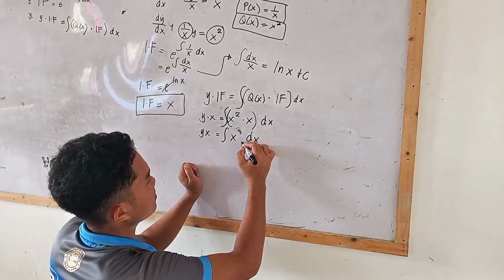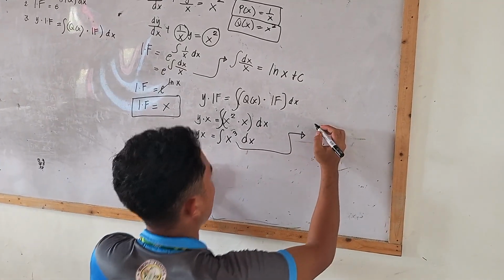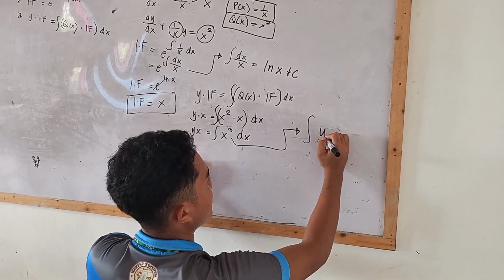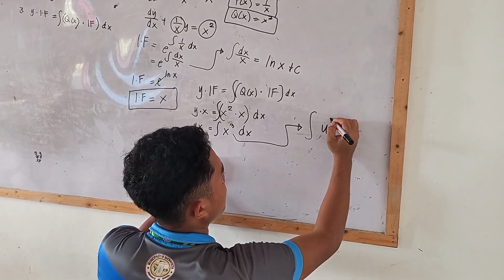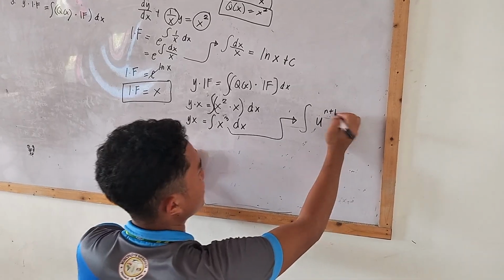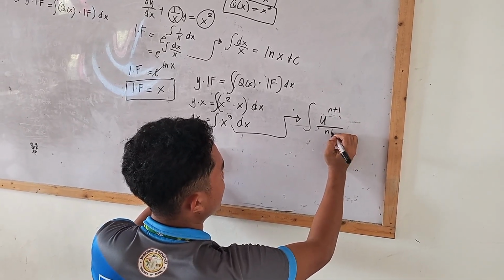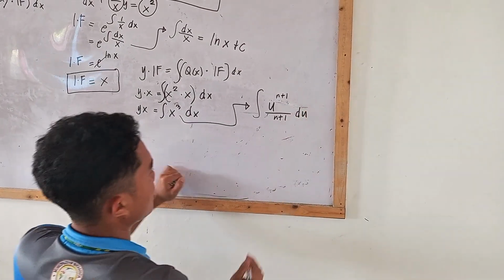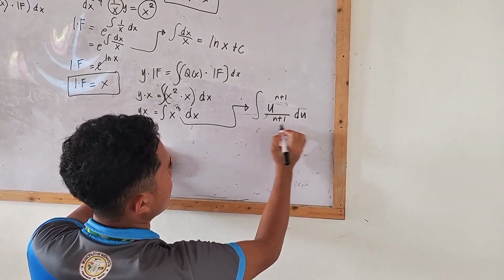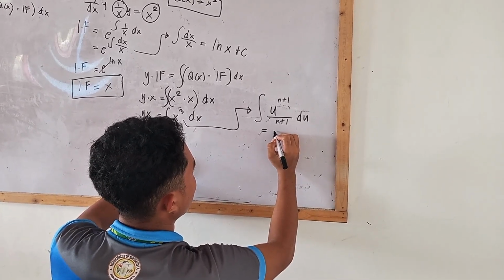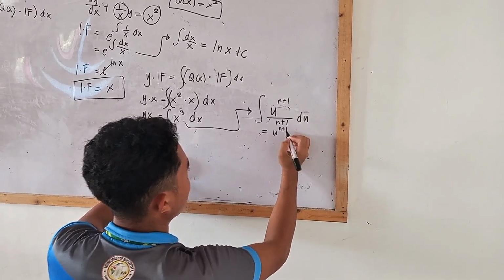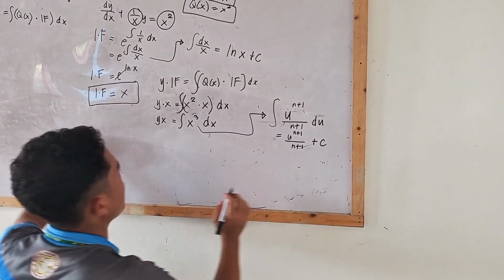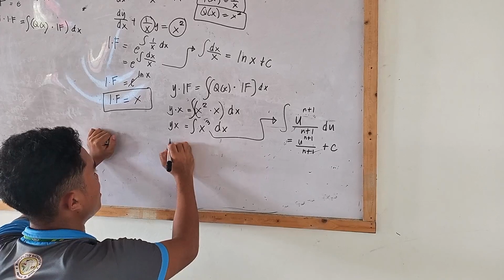So now apply the formula of integration. Apply the exponent rule: the integral of u to the n du is u to the n plus 1 over n plus 1, plus c. So apply this in our equation.